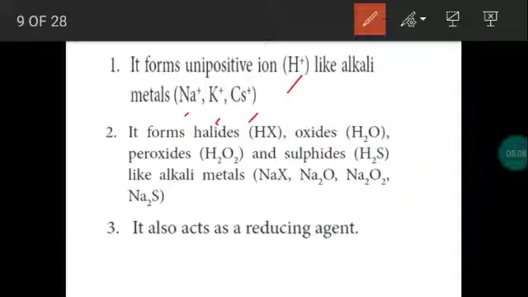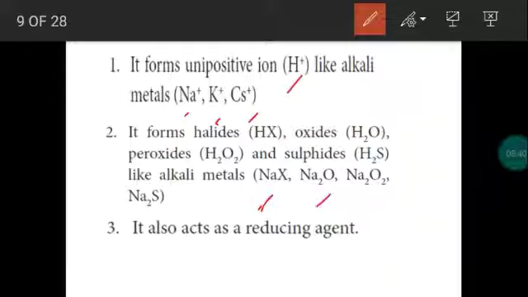Next evidence, consider the metal sodium. Sodium combines with different elements. X is the general symbol of halogen. What are the halogens available? Fluorine, chlorine, bromine, iodine. For all these four elements, the general symbol is X. When sodium combines with the halogen, it forms a sodium halide, NaX.